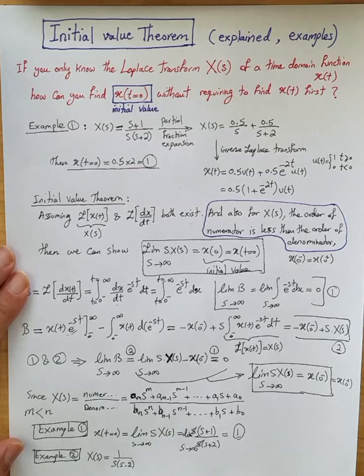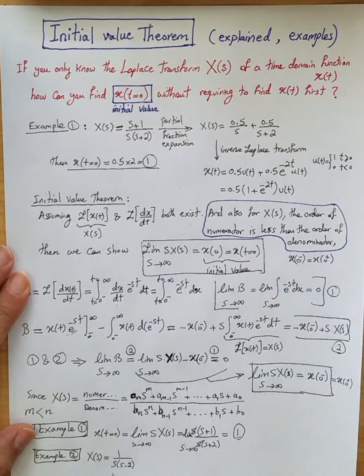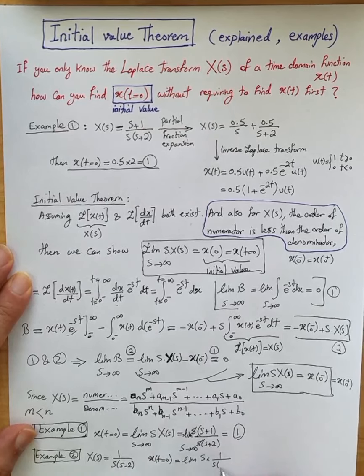So while the final value in the time domain for that function is meaningless, the initial value can still work because this function satisfies this requirement. The order of the numerator is less than the order of the denominator. So in this case, x at time 0 is just the limit of s times 1 over s minus 2 as s goes to infinity.